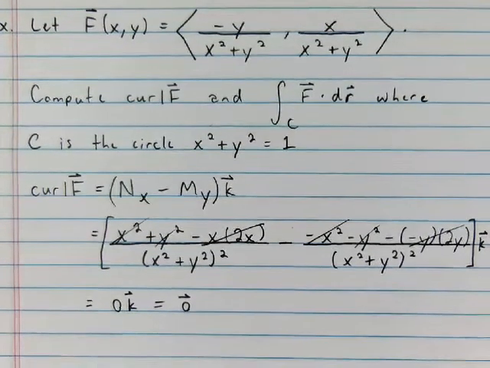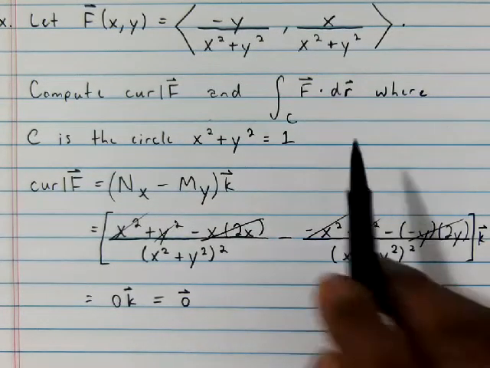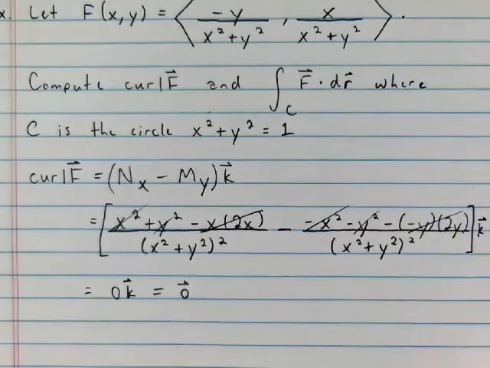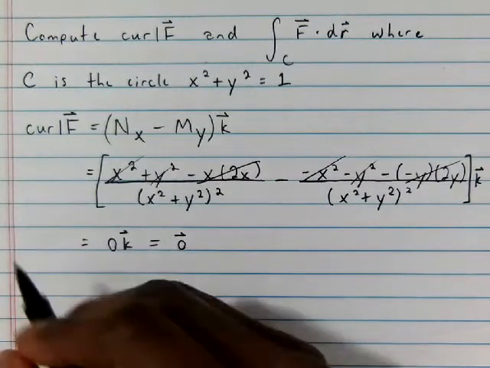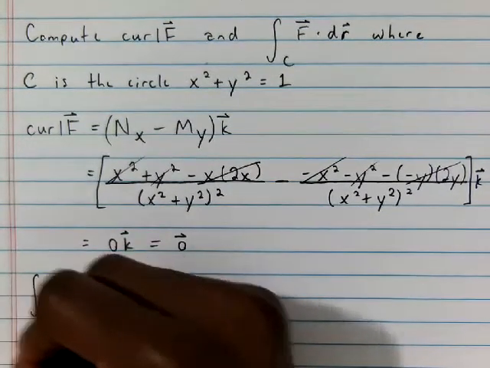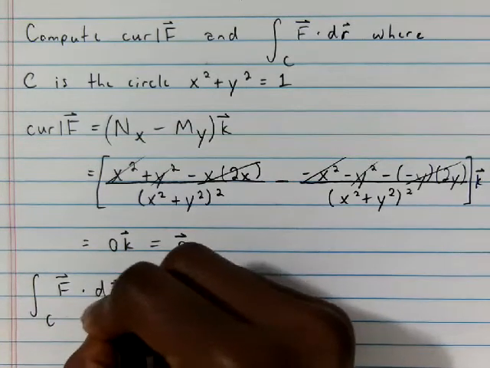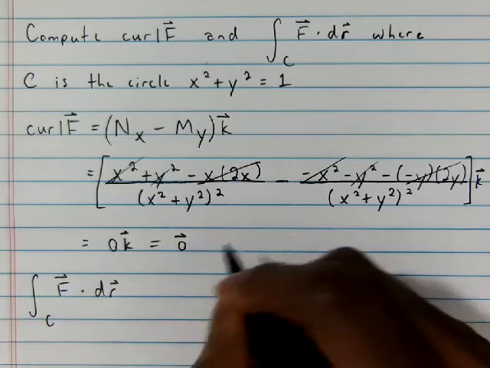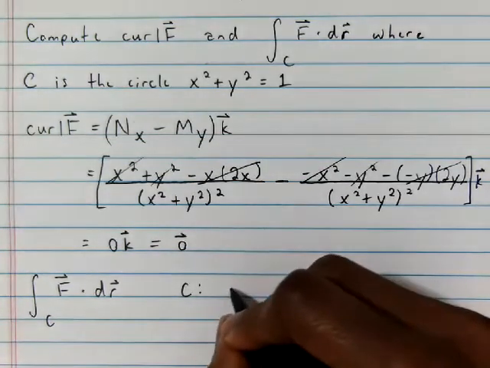All right, so we have our curl of F. Now what we want to do is compute the line integral over C of F dot dr. I'm going to parameterize C. C was x squared plus y squared equals 1.